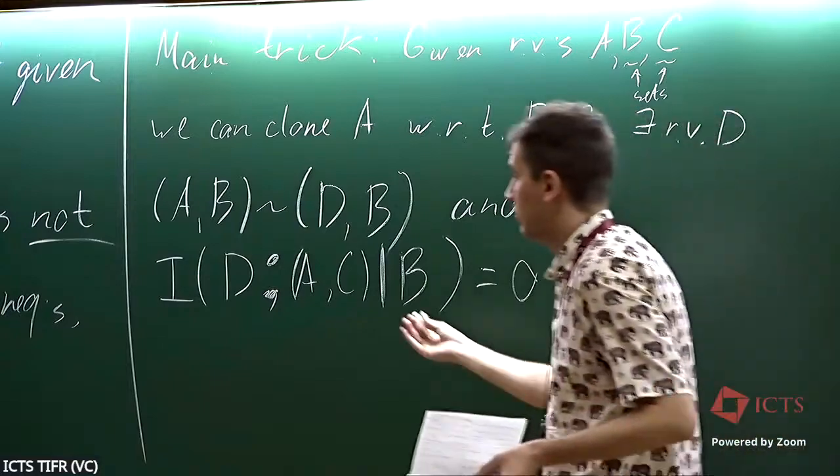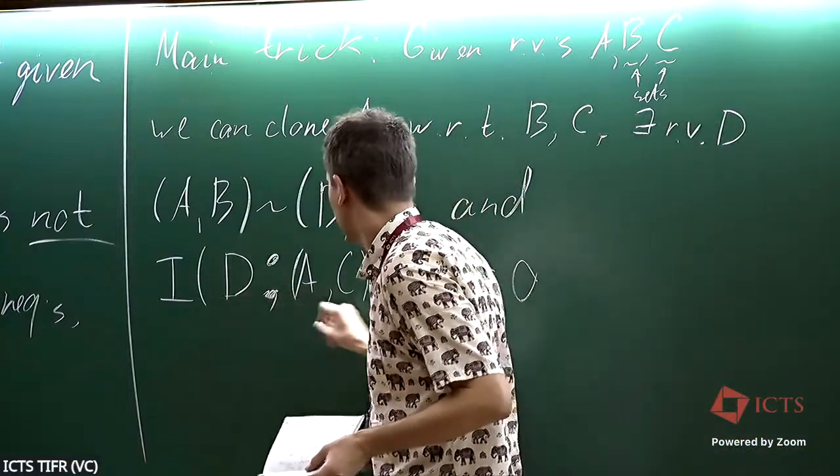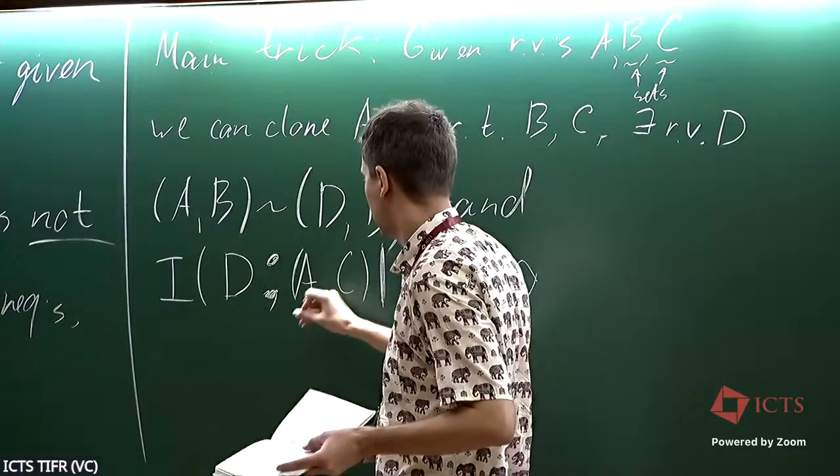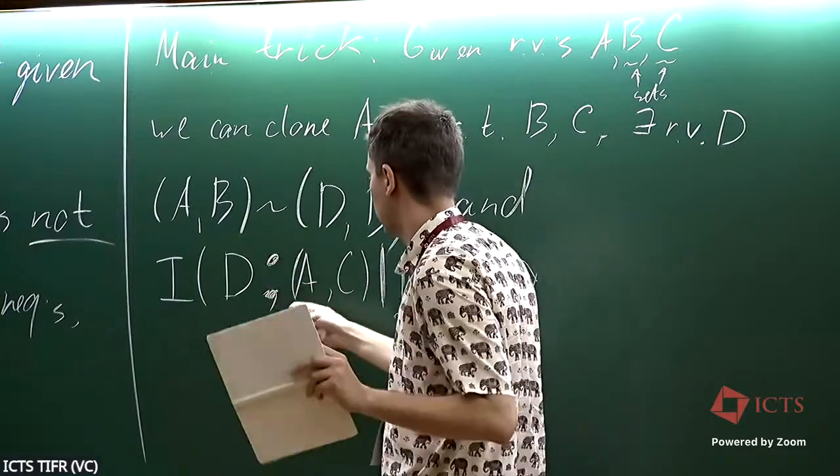D is based on the information in B, but it's orthogonal to the information which is used by A and C.